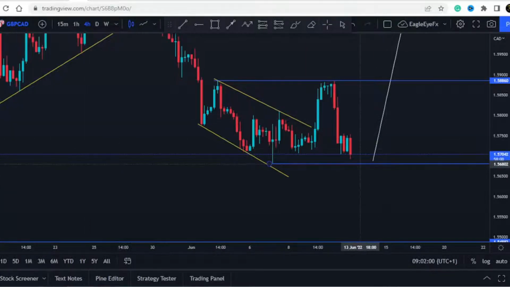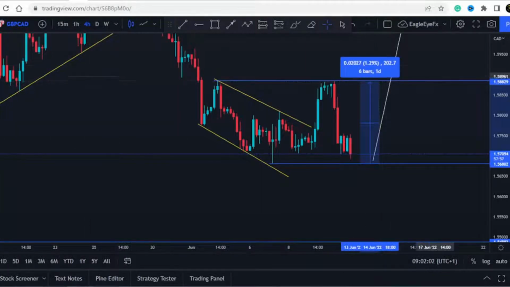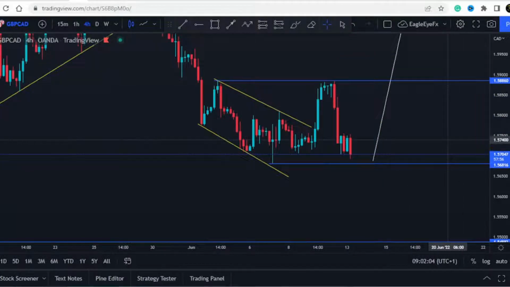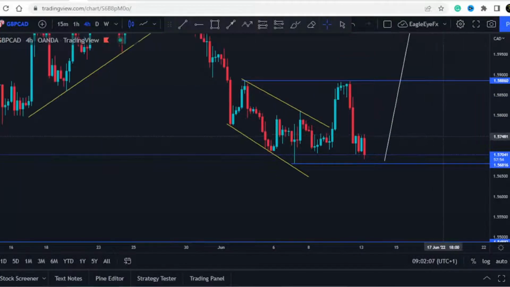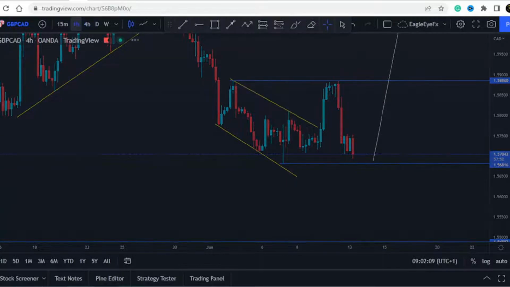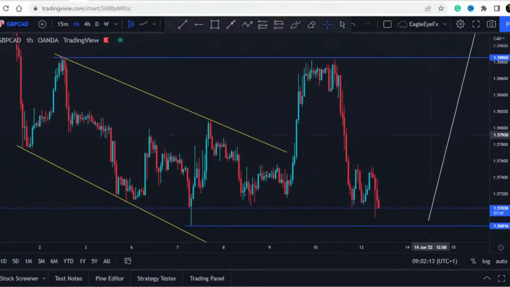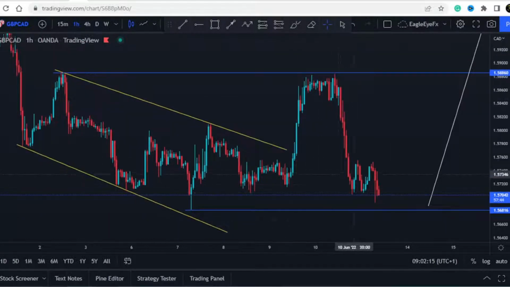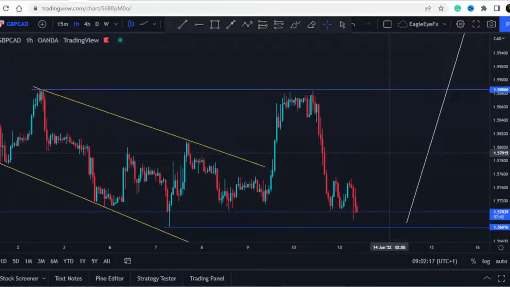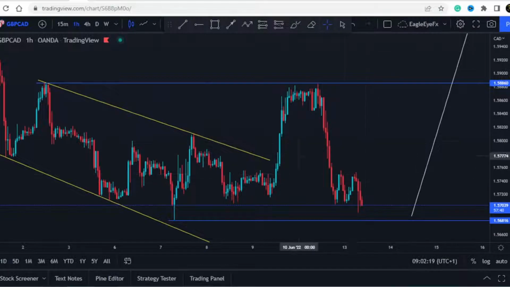I'll be interested to see if I can catch a move to the upside, because if it gives us a confirmation, we are talking about almost 200 pips. If you go to the lower time frame, you can see there's some sort of descending structure forming. This one is not ready yet.